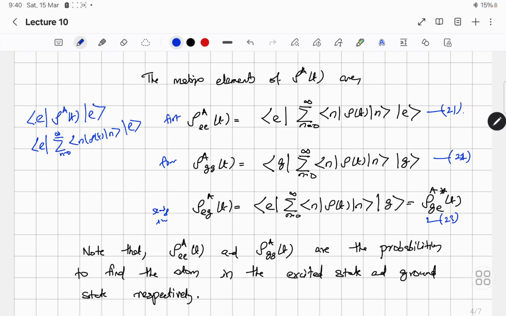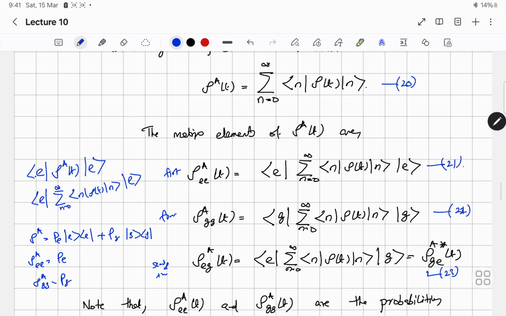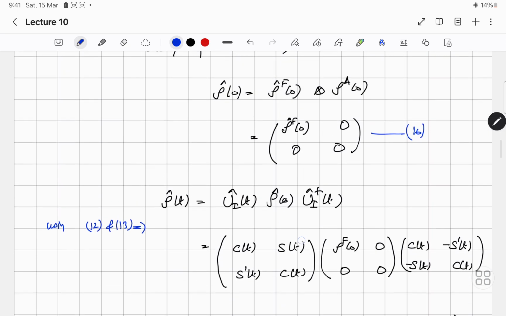So recall your incoherent superpositions. If you have incoherent superpositions, we wrote ρ_A as P_e outer product |e⟩⟨e| plus P_g outer product |g⟩⟨g|. So here the first element ρ_A^{ee} is nothing but P_e, and ρ_A^{gg} is nothing but your P_g. Okay, so this part we have already discussed at the time of equation number 15. While writing equation number 15, you can just look at it here.